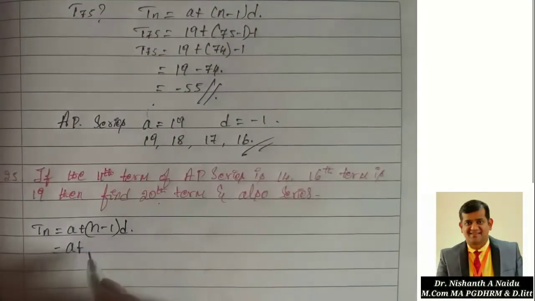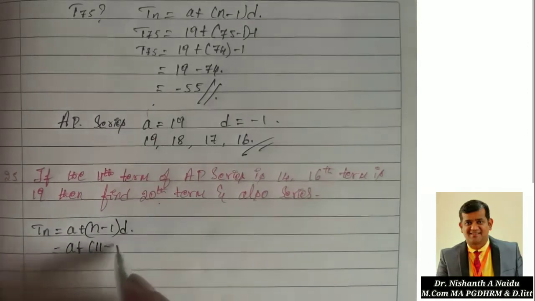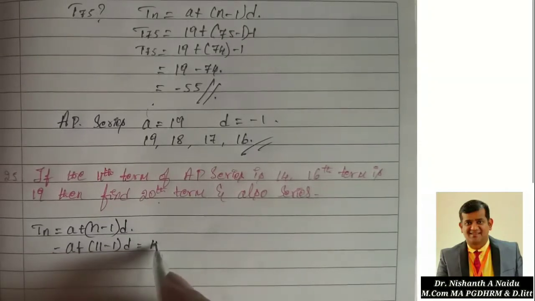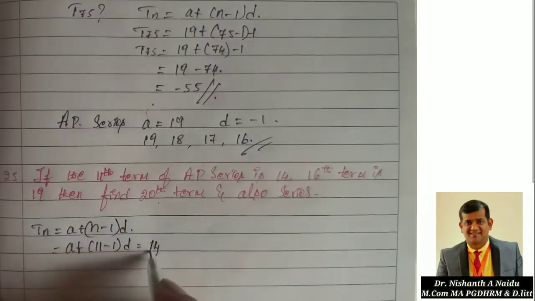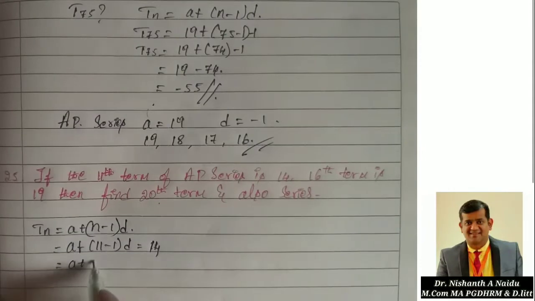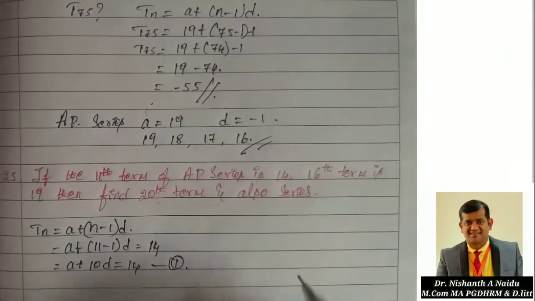We don't know a, but the 11th term is 14, so a plus 11 minus 1 into d equals 14. So a plus 10d equals 14. This is equation 1.